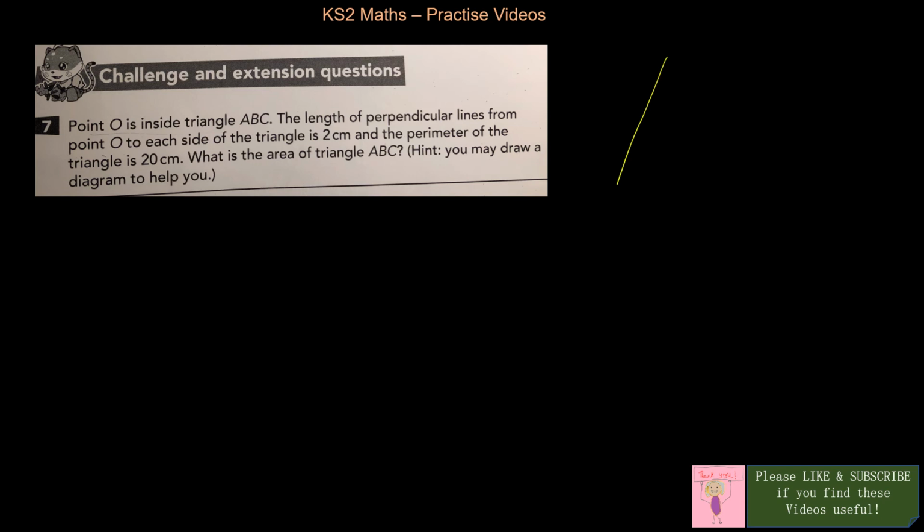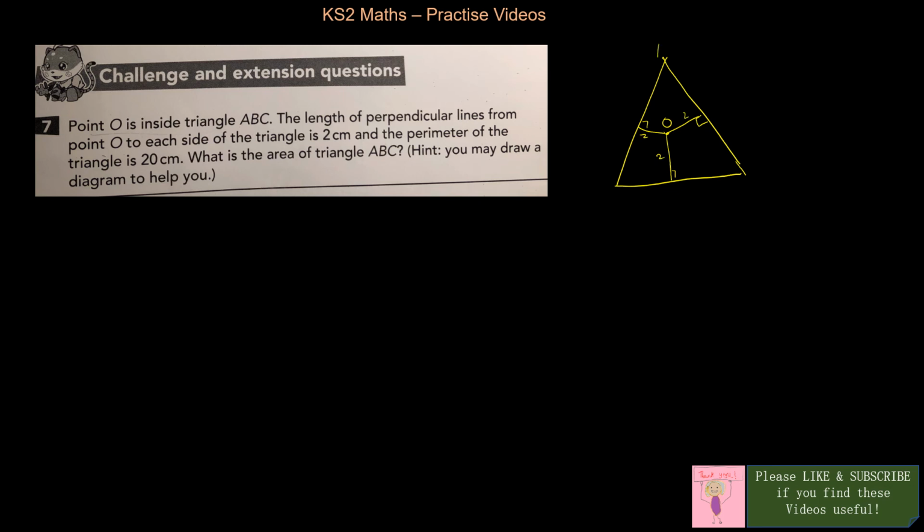The length of the perpendicular lines from point O to each side of the triangle is 2 cm. So let's draw a triangle. There is a point O and perpendicular lines to each side, 2, 2, 2.